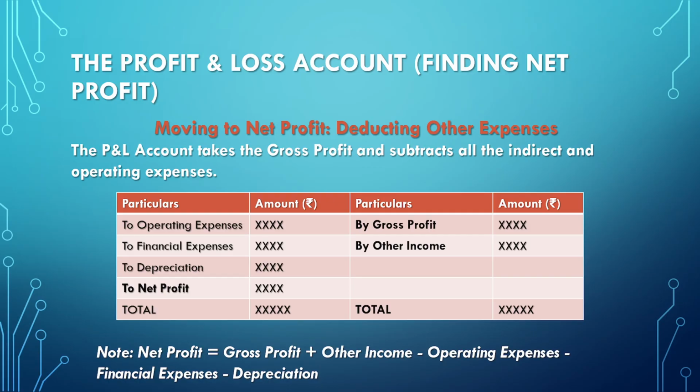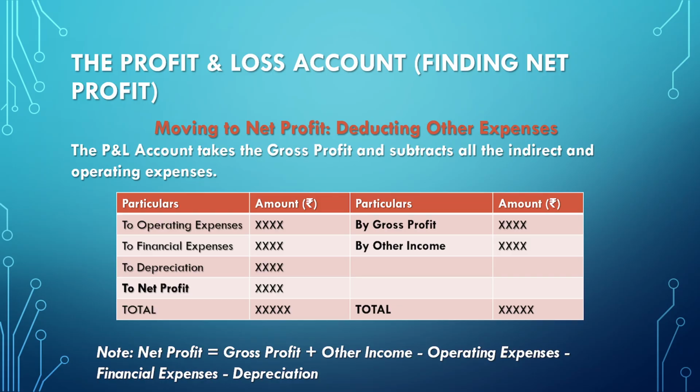The rental revenue of that land will be an indirect income, so that will be added here. Commission received will be added here. Interest received from parties or customers will also be added here. So all income will be on the credit side: gross profit and all other income.